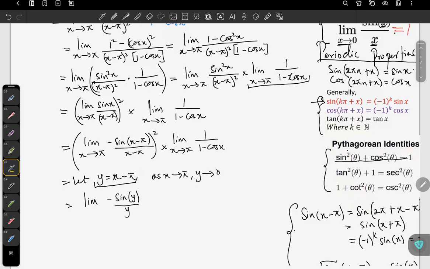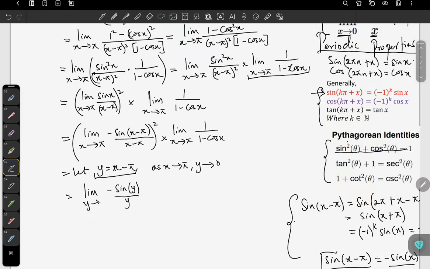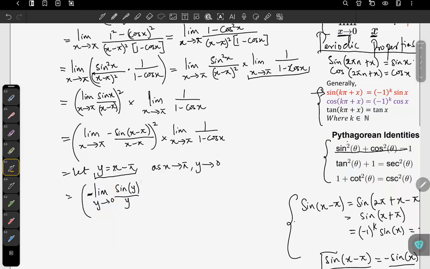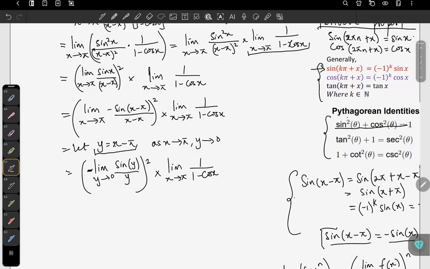So I can pull the negative sign out of the limit to get something nice like this. When we square this, then on the other side we have times the limit as x approaches pi of 1 over 1 minus cos x. And finally, we can say that this is equal to 1.